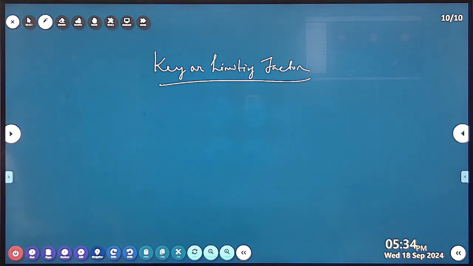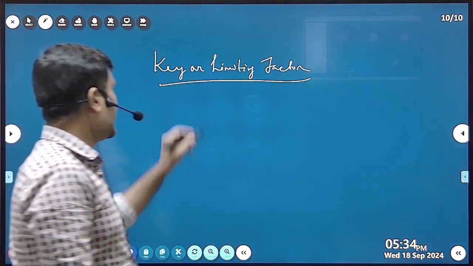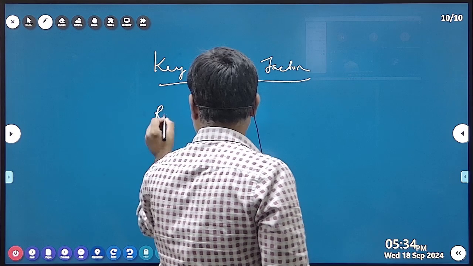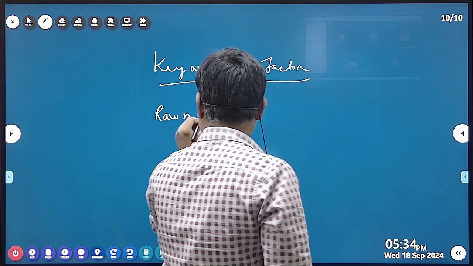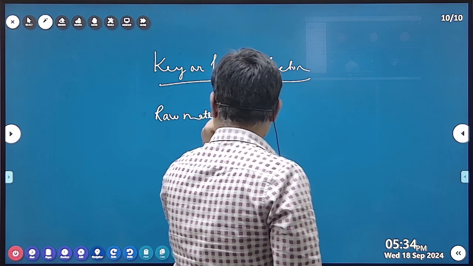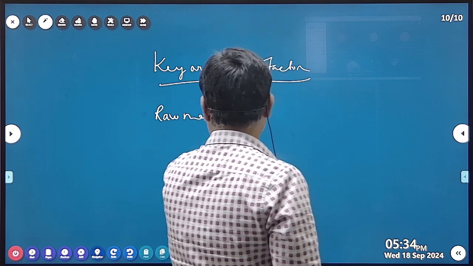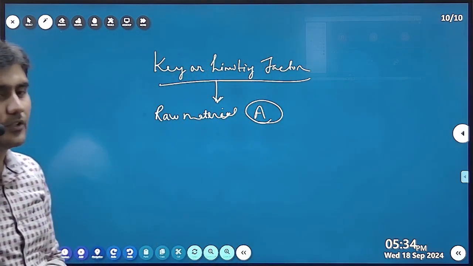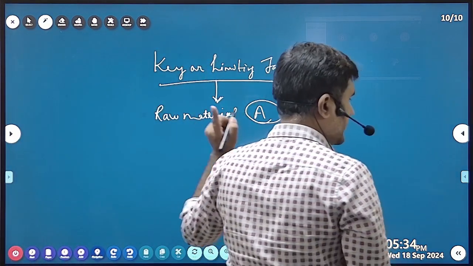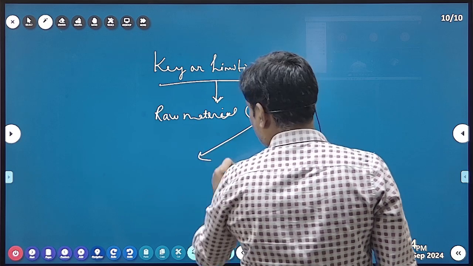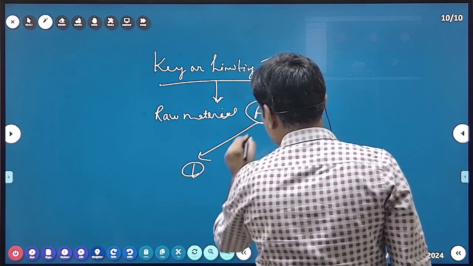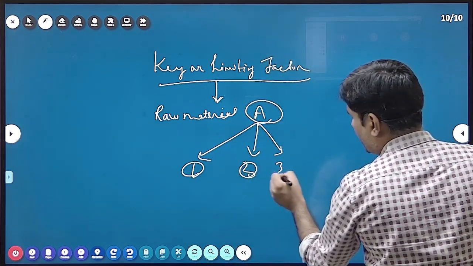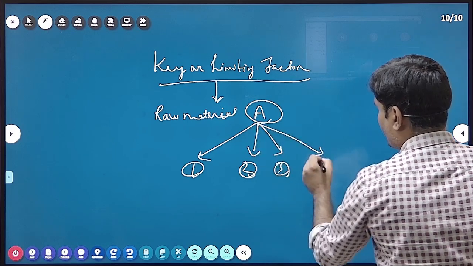Say there is a very important raw material A, and you manufacture 4 products: 1, 2, 3, 4.